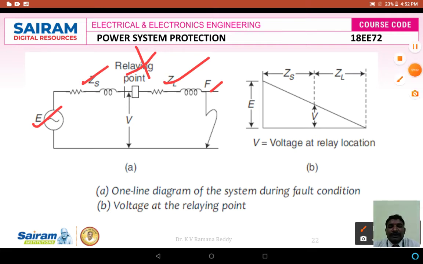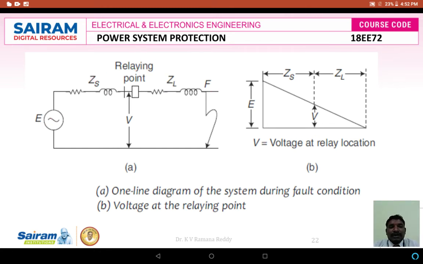With respect to this diagram, I am showing the impedance of the transmission line with respect to the relay and with respect to the fault.